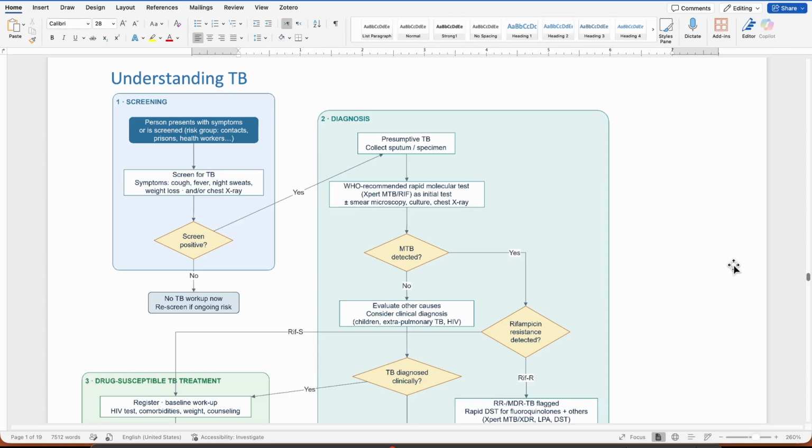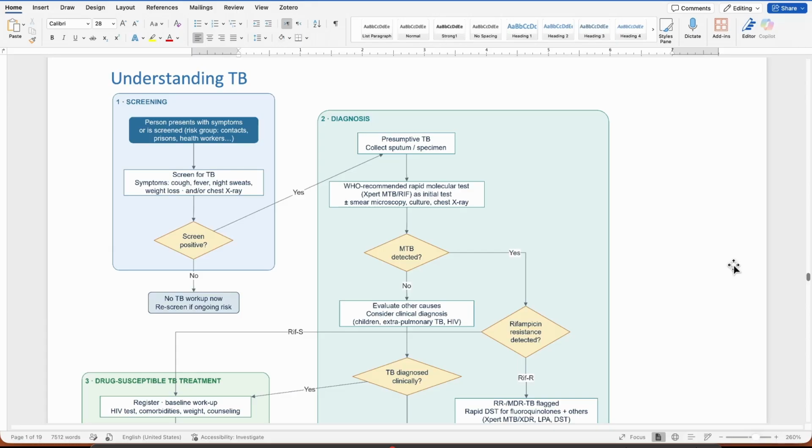By risk group, I mean a person who has the symptoms or a person who is in close contact with someone with TB.